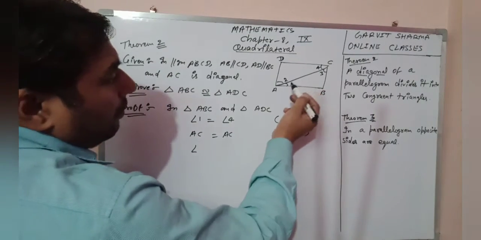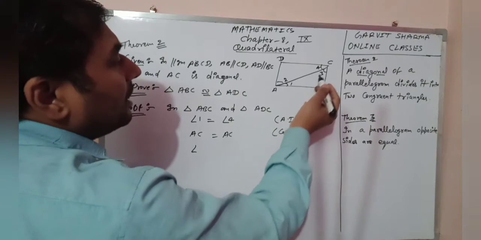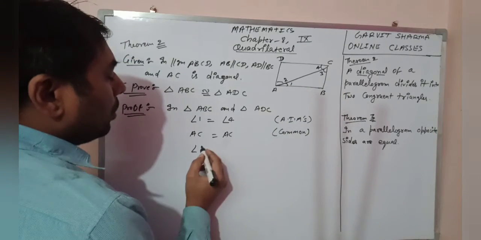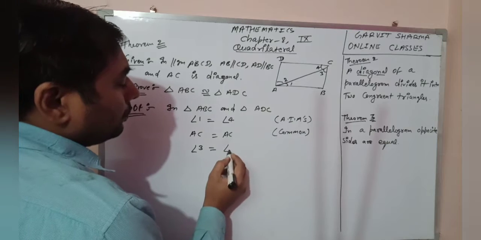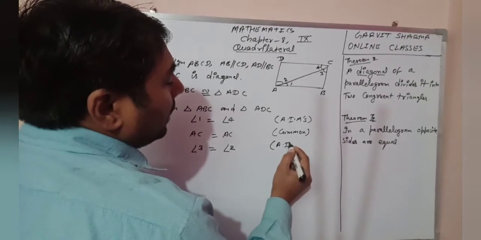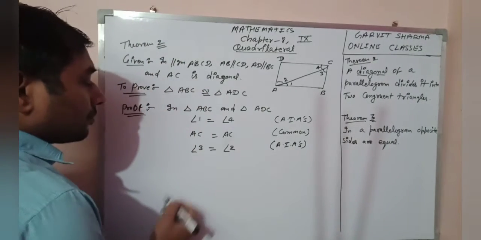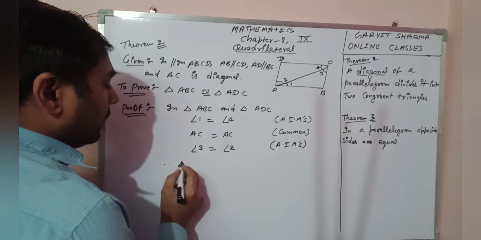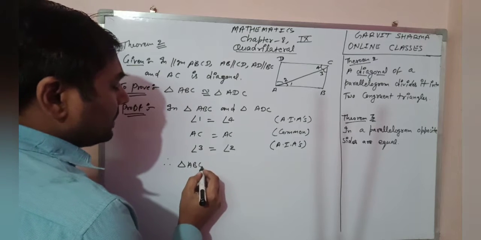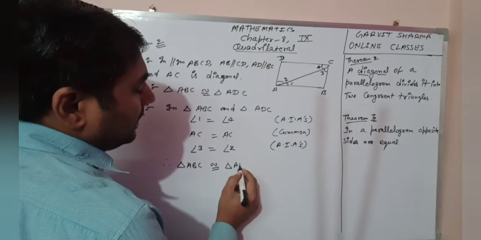Angle 1 is equal to angle 4. Now we will write here angle 3 is equal to angle 2, which is also alternate interior angles. Therefore, triangle ABC will be congruent to triangle ADC.